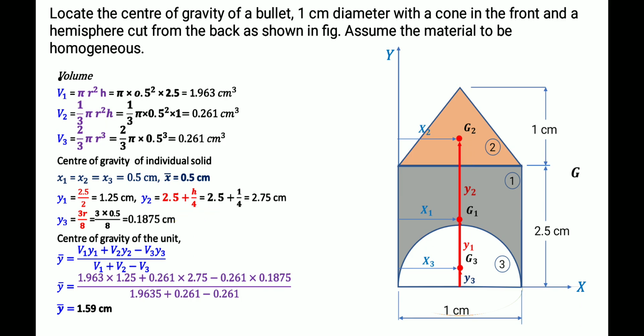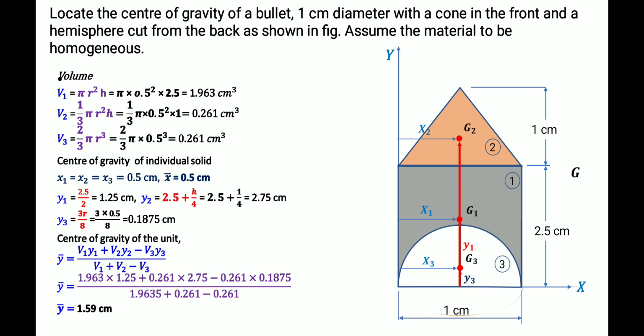So this distance is h by 4. For a triangle it is h by 3, but it is a cone, so it is h by 4. So 2.5 plus 1 by 4 into 1, we will get 2.75.